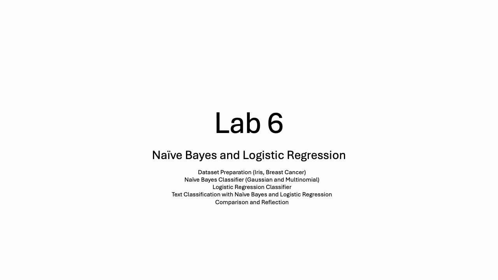This lab exercise 6 would be all about naive Bayes and logistic regression. And here we are going to know dataset preparation. There might be some very technical words that will be mentioned. So naive Bayes classifier, logistic regression classifier, and text classification, both using naive Bayes and logistic regression, and you're going to compare and reflect the two.